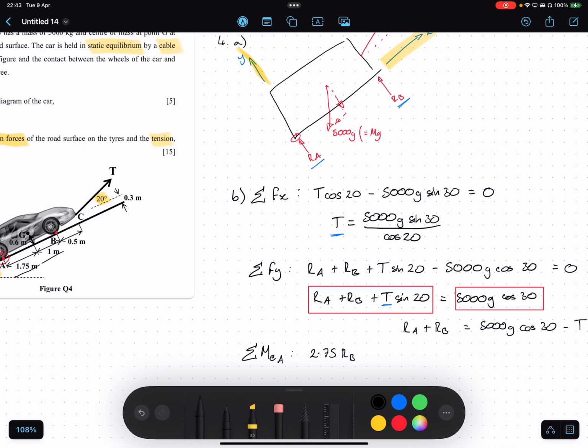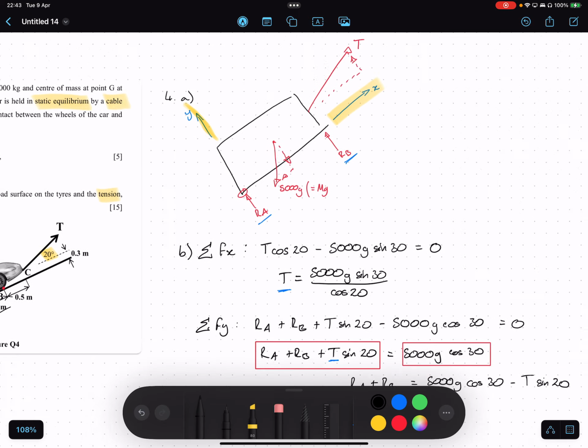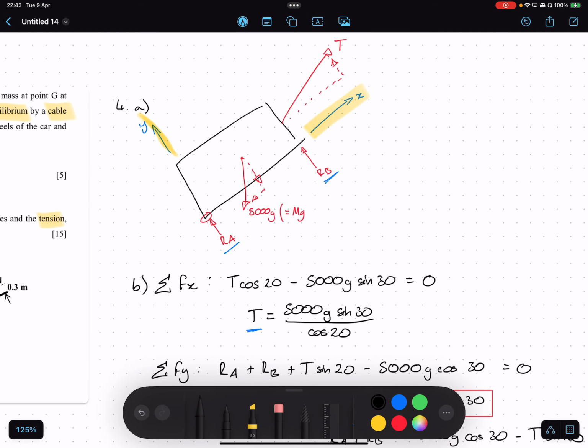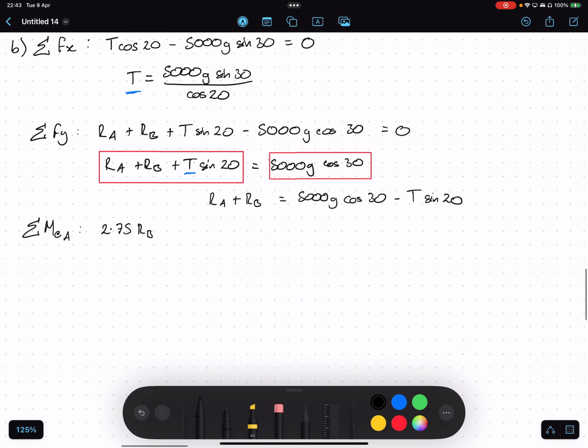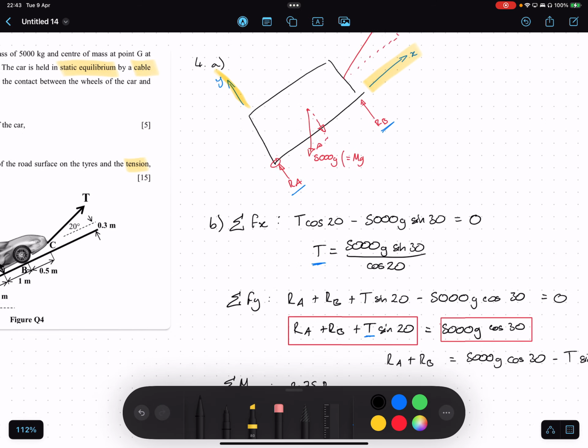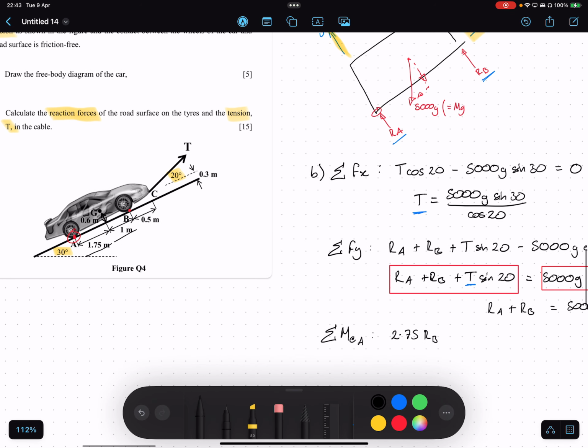Well, let's consider this weight force of 5,000 G. What component is that we need to consider? Well, we have the vertical component relative to our XY scheme. However, this is acting opposite to our chosen direction.